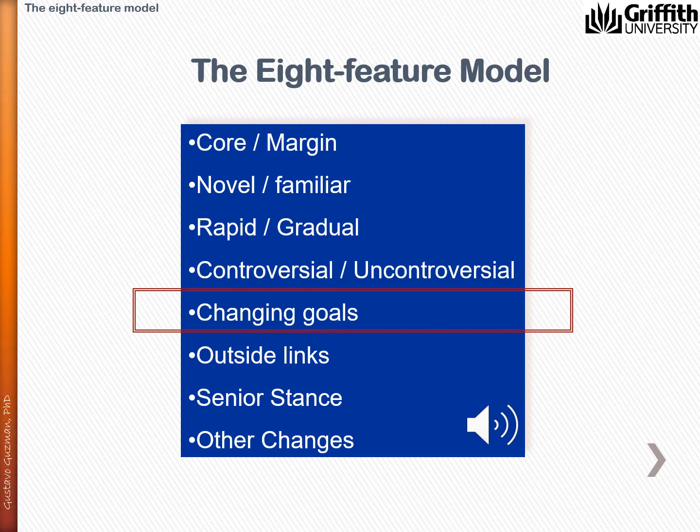Changing goals is the next dimension of the model. We know that goals in projects evolve, especially in long term large projects. Sometimes goals change because the owner or customers add new features or new demands to the specification of the project. This is very common, of course, in novel projects and large projects.